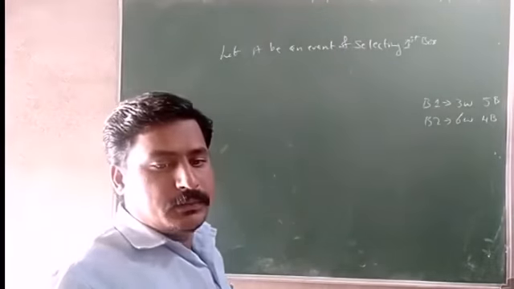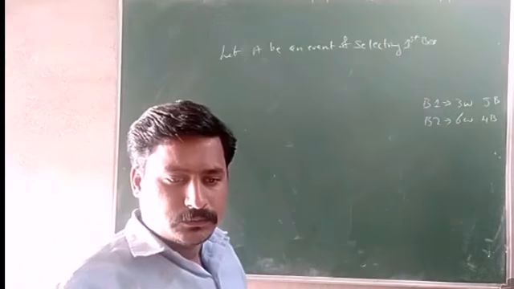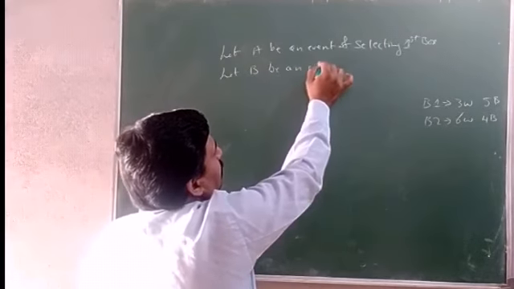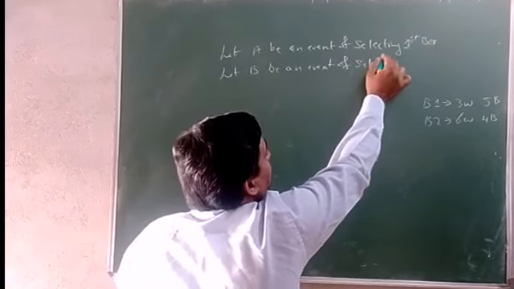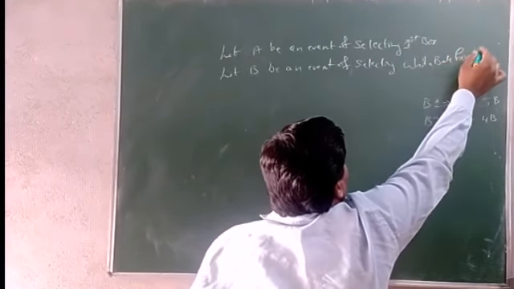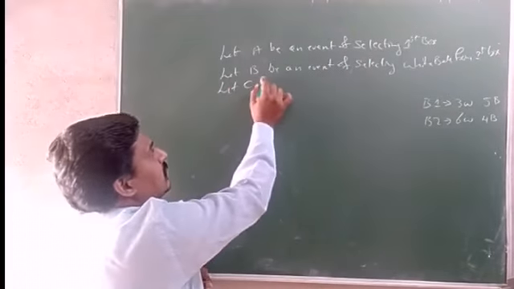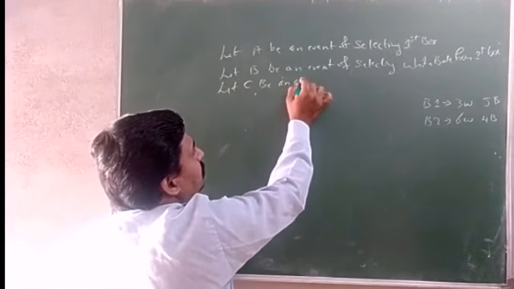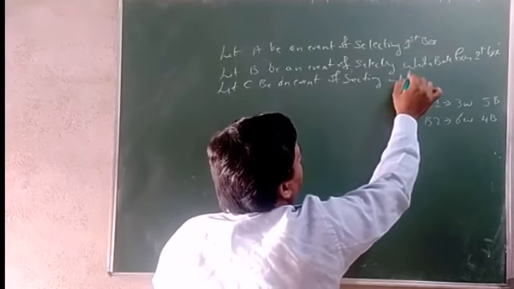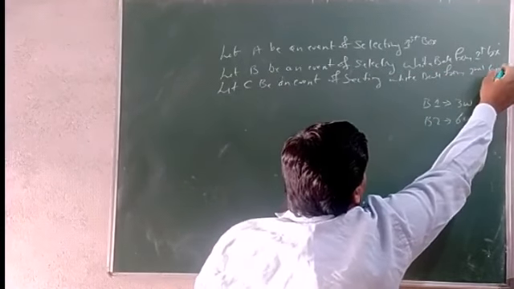Then let B be an event of selecting a white ball from the first box, and let C be an event of selecting a white ball from the second box.